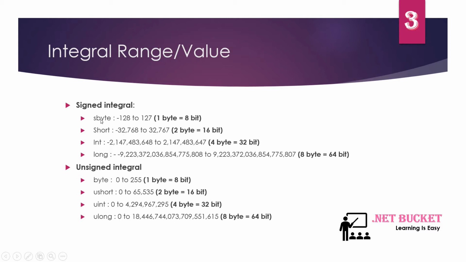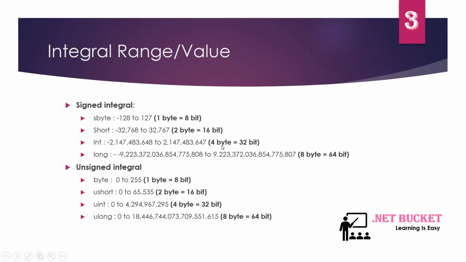What you have to remember is sbyte is allocated 1 byte, 1 byte means 8 bit, 8 minus 1, that is -2 to the power 7 to +2 to the power 7. Similarly, short is allocated 2 bytes, that is 16 bit, 16 minus 1 is 15, so the range of a short type variable will be -2 to the power 15 to +2 to the power 15.